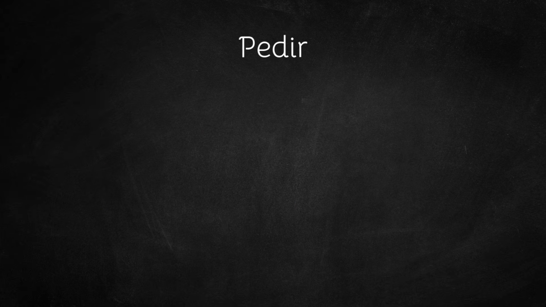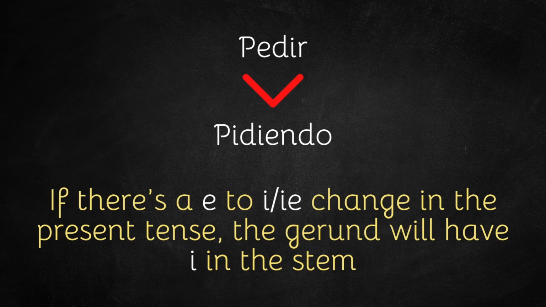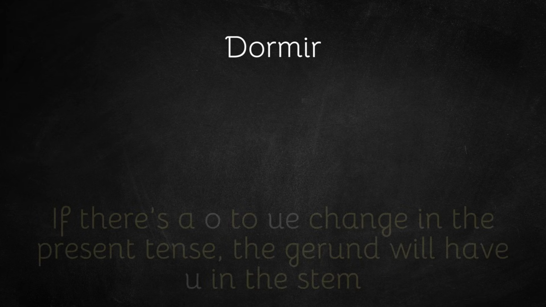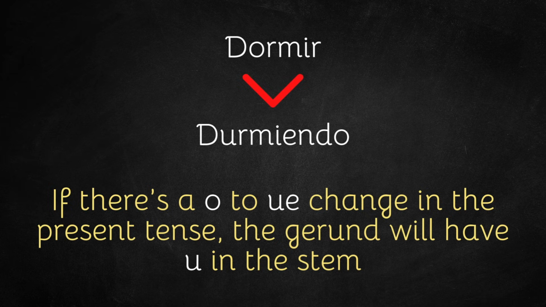There are a few other exceptions. For example, when we see the verb pedir, there is a stem change from E to I. So pedir becomes pidiendo. Pedir is to ask, pidiendo. Or with the stem change from O to U, for example, dormir becomes durmiendo. Here are a few other examples.